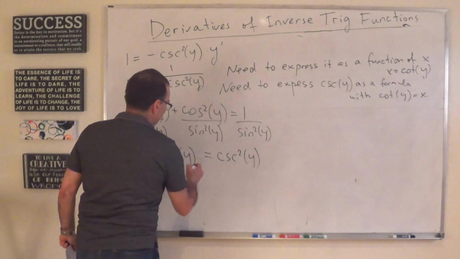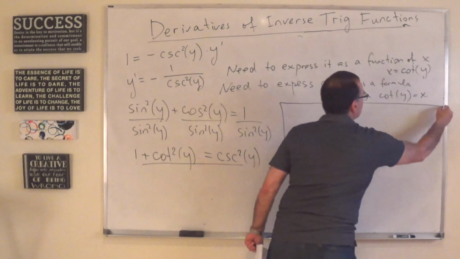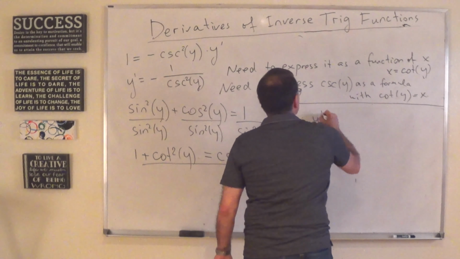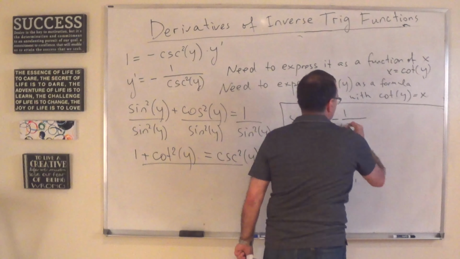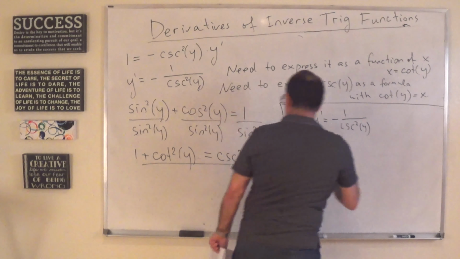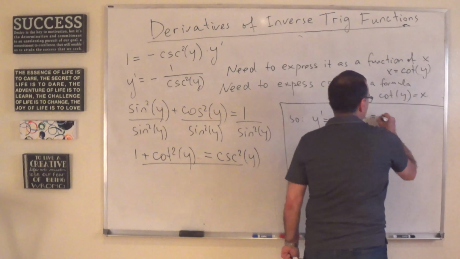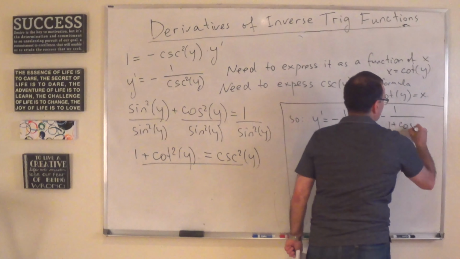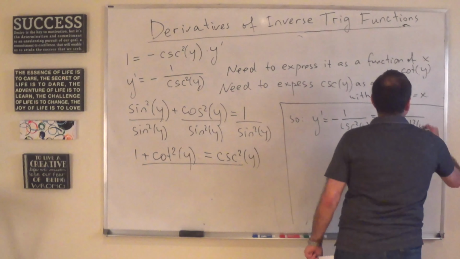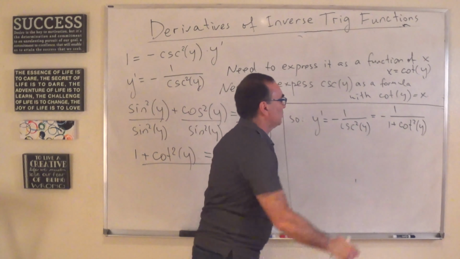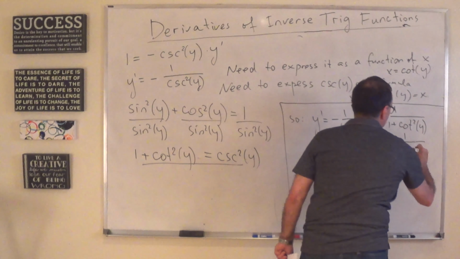So what we need now is to plug this into this equation, and so we get y prime, the derivative, equals negative 1 over cosecant squared of y, but since cosecant squared of y equals 1 plus cotangent squared of y, it's negative 1 over 1 plus cotangent squared of y. But since x equals cotangent of y, this is 1 plus x squared, so it's negative 1 over 1 plus x squared.